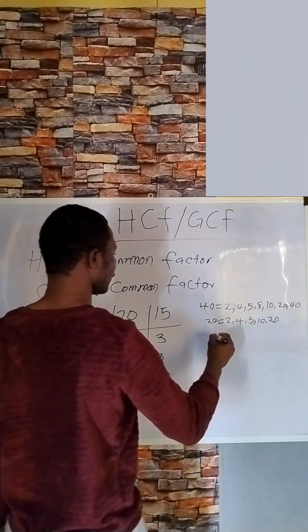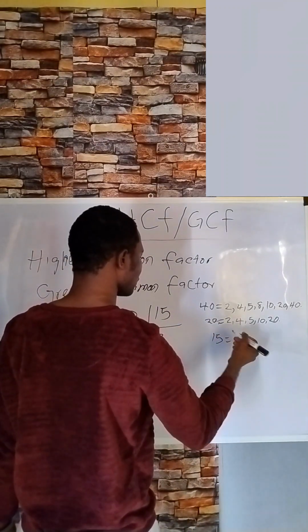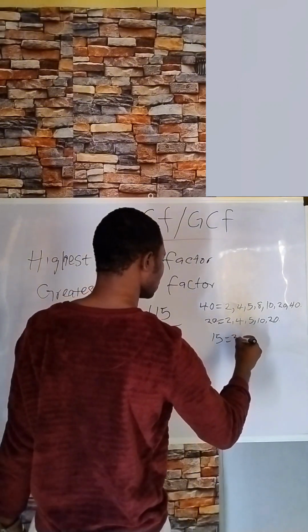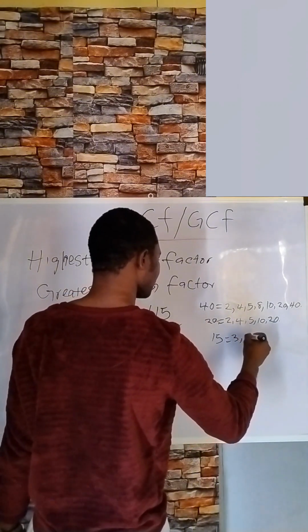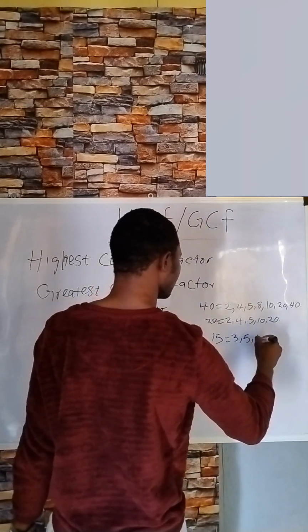Okay, the next one is 15. 2 cannot go in 15. This one has 3, 5, and then 15.